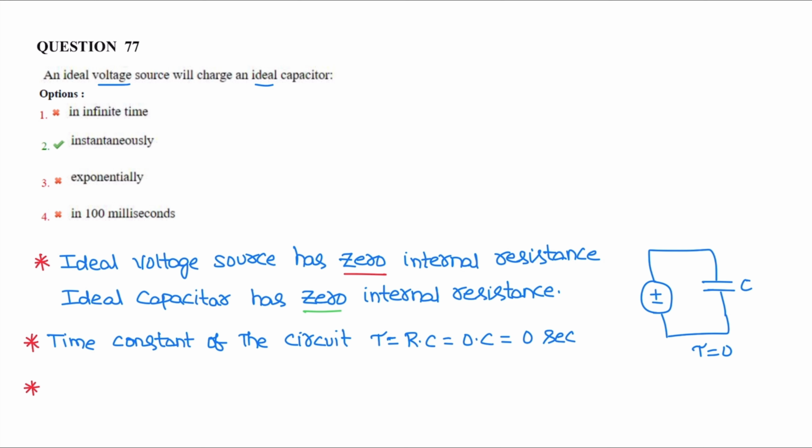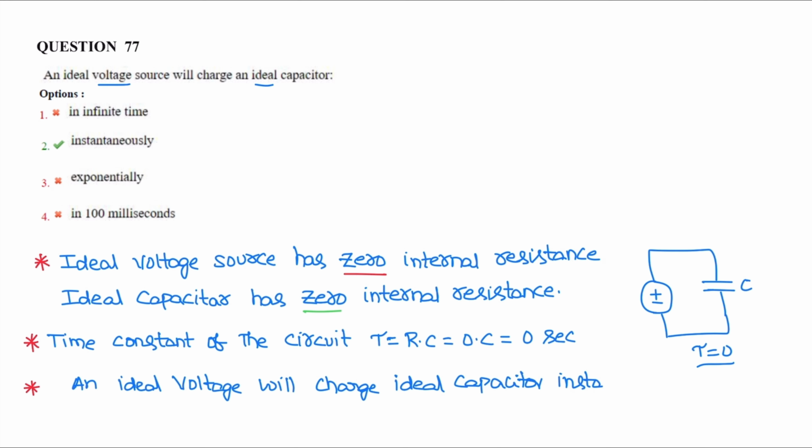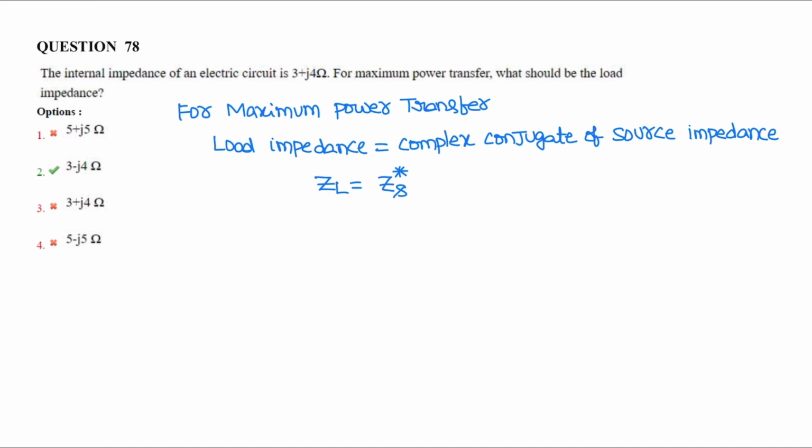If time constant is 0, then an ideal voltage source will charge an ideal capacitor within zero time, that is instantaneously. Correct option is 2.